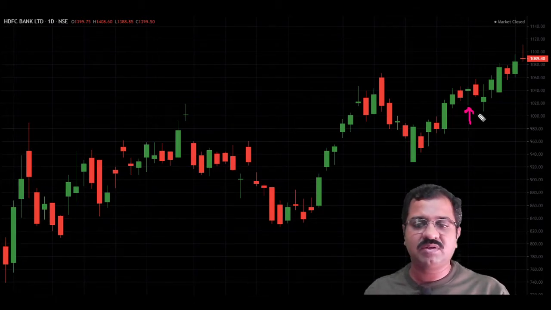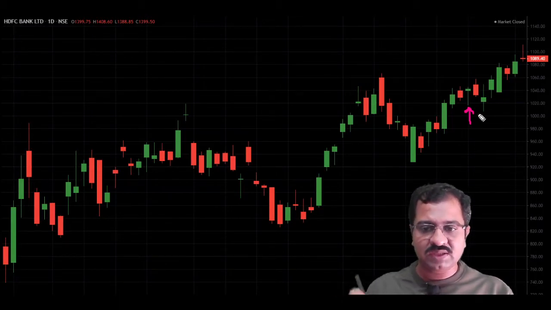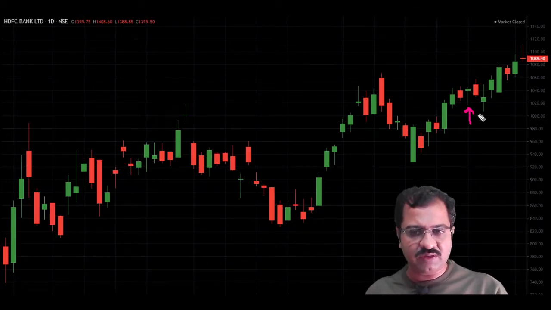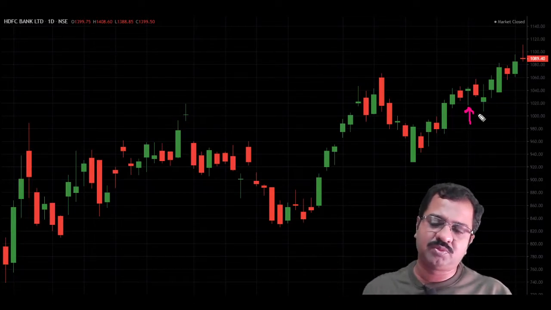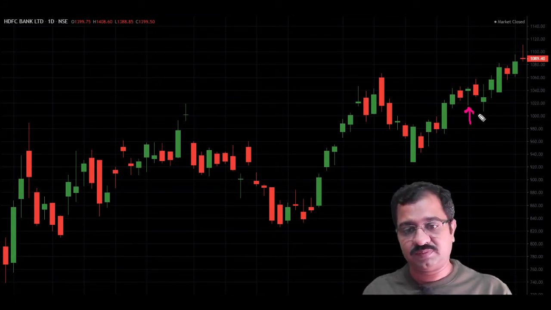So what is the meaning of this candle? This candle shows that now sellers are also coming in. Though they failed to close prices down, they tried, but again buyers became active and pushed the price up. But now you have to be cautious.